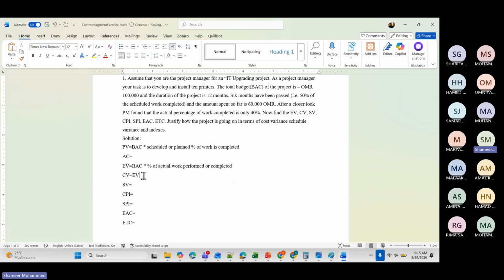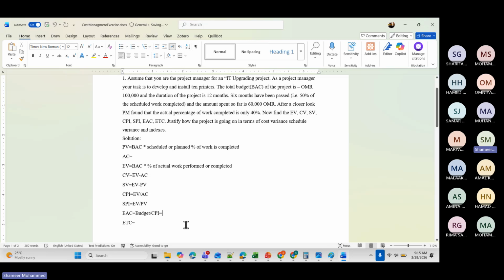Earned value minus actual cost. This one, earned value minus planned value. This one, EV by AC. And this one, EV by PV. And this one, the total budget divided by CPI.